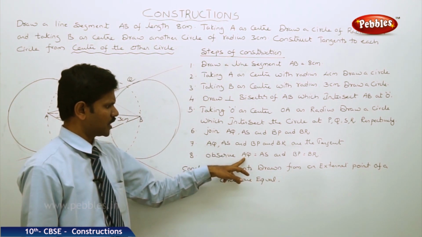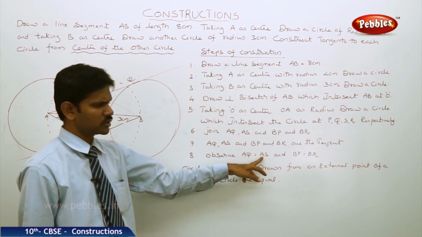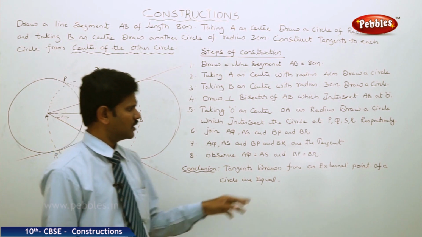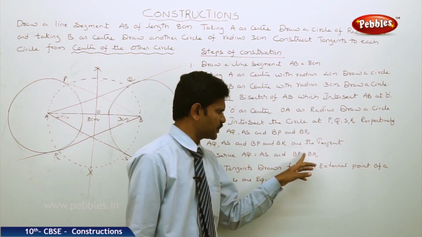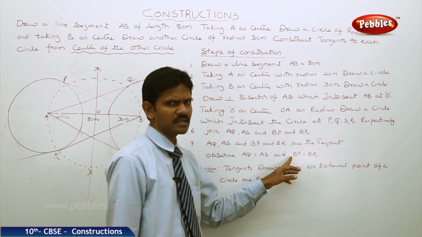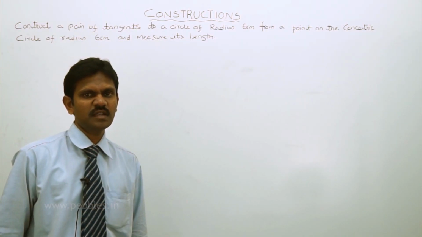Therefore AQ is equal to AS. Here the external point is A. Similarly BP is equal to BR. Here the external point is B. Let us see the next construction.